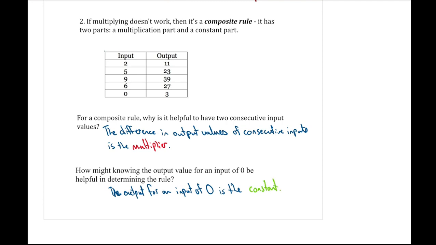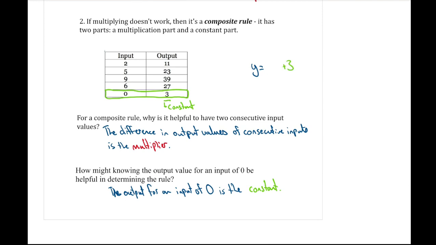So if we know what the output is for an input value of 0, then that is going to tell us the constant. So looking here, we can see our constant. So in this case, I know so far that it's going to be y equals something x plus 3.